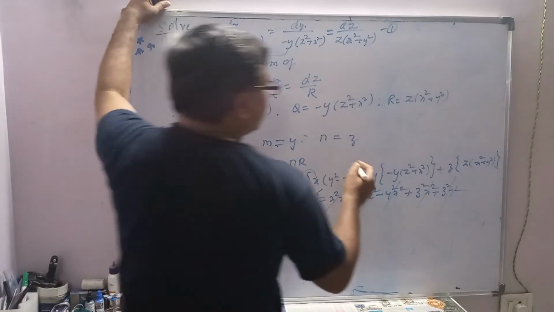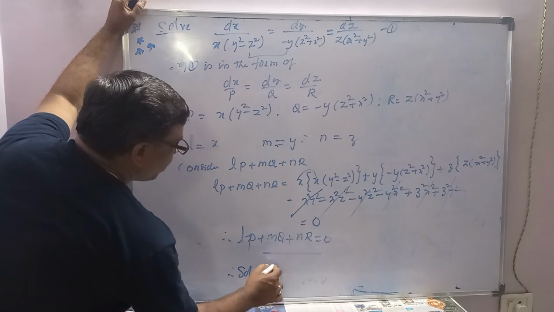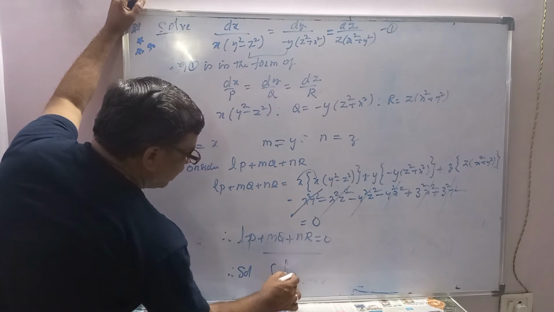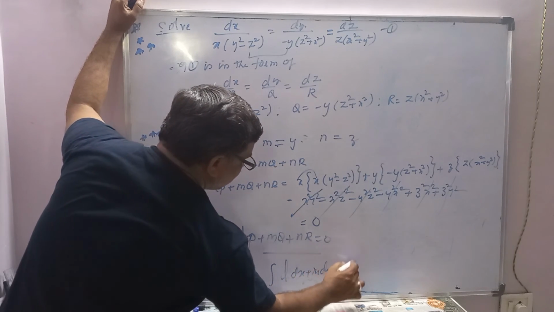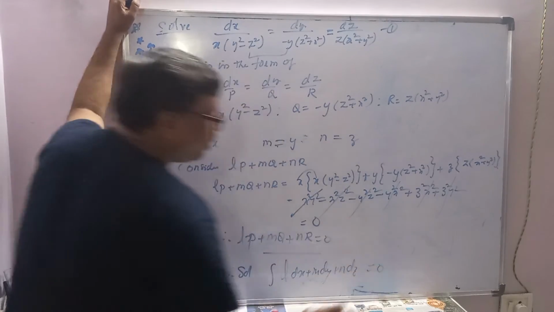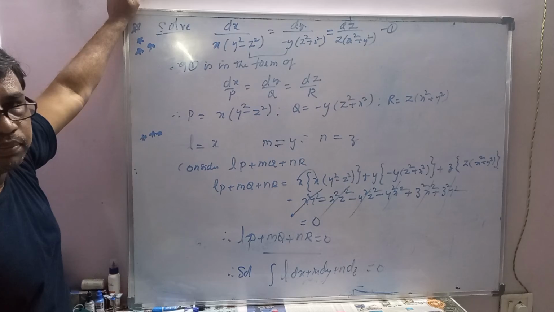Now, after getting this 0, the solution is the integral of L dx + M dy + N dz = 0. This is the solution of the given differential equation.